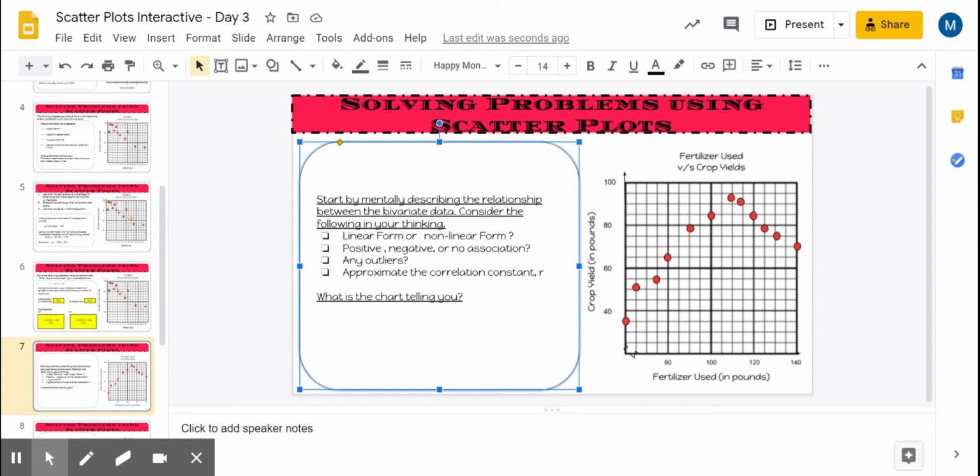Is it linear or nonlinear? So this one is nonlinear. Okay. Let's see, does it have a positive, negative, or no association? Good question. It's not positive or negative. It kind of looks like it's both, doesn't it?